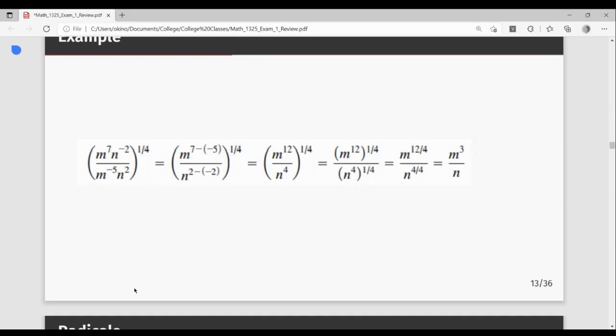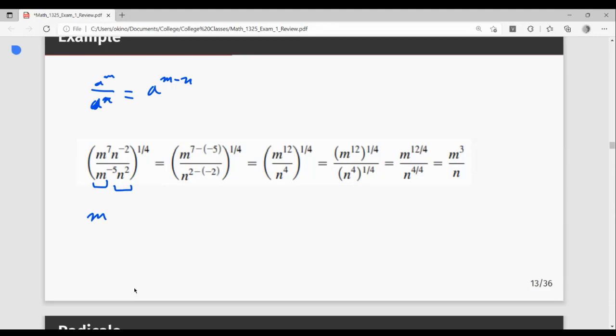I'm going to use the property that when you're dividing a to the m by a to the n, that's just a to the power of m minus n. I'm going to use that with our m's and our n's separately.